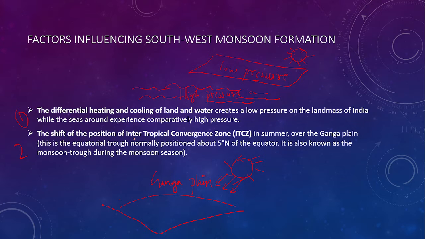The shift of position of intertropical convergence zone. In summer, over the Ganga plain, this is the Equatorial Trough, normally positioned above 5 degrees north of the equator. It is also known as Monsoon Trough during the monsoon season.